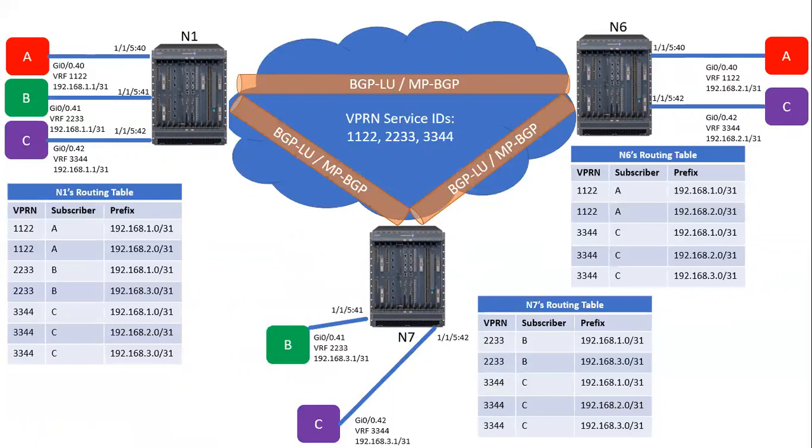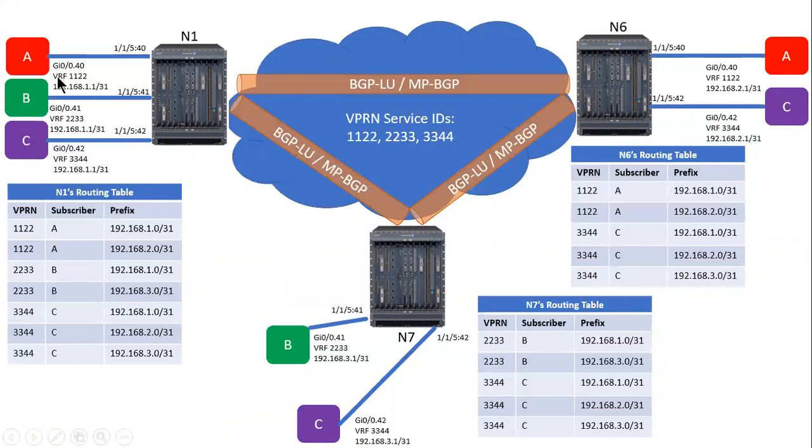But the main thing to take away from this slide is to make sure to take note of the routing table on our provider edge routers. We're able to share address space regardless of the particular subscriber. So subscribers A, B, and C, all of their address space is shared on the provider edge router.